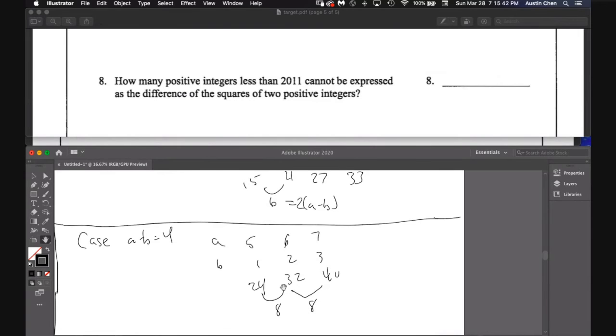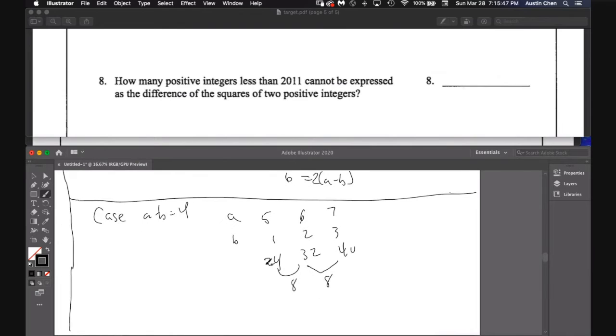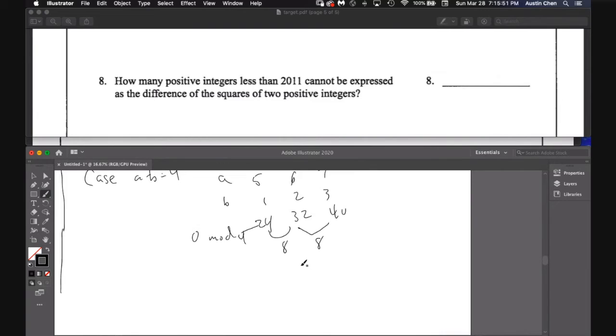Now, one thing you can see about this case is that 24 is 0 mod 4. 8 is also 0 mod 4. So if we're always adding 0 mod 4 to a 0 mod 4 number, what does that mean? We're always going to get a 0 mod 4 number.